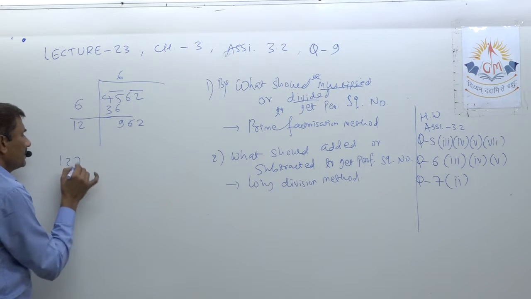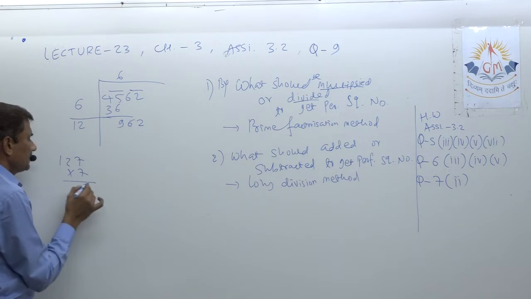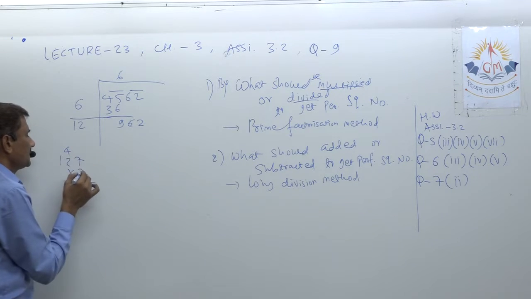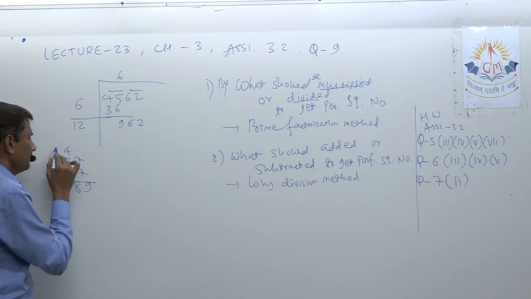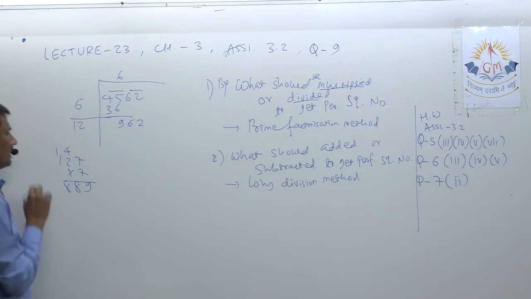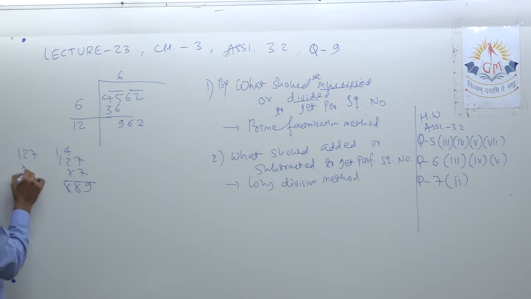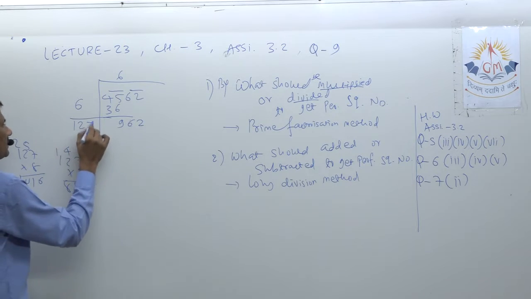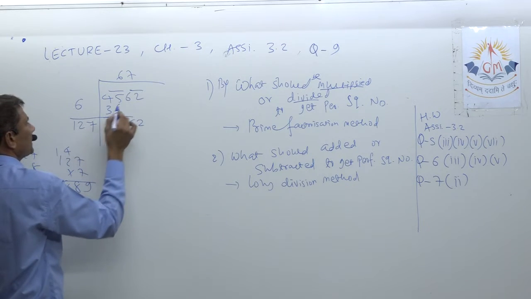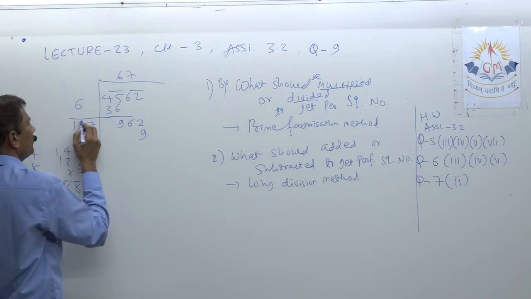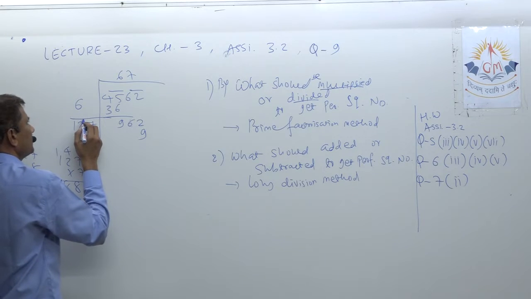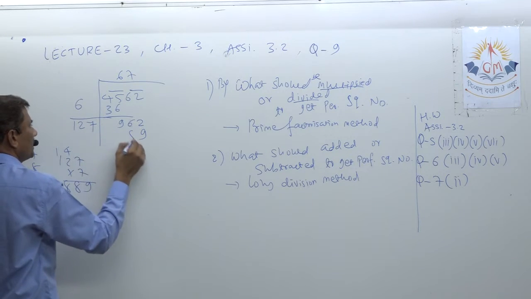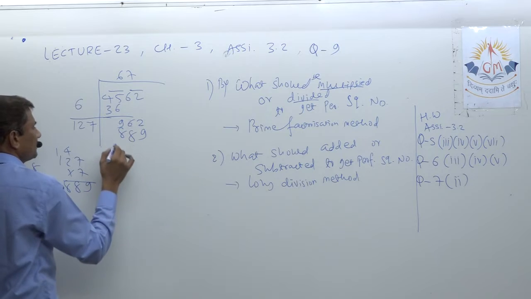Let's come directly to 127 sevens. 7 sevens are 49, 4. 7 twos are 14 plus 4, 18. 7 ones are 7 plus 1, 8.